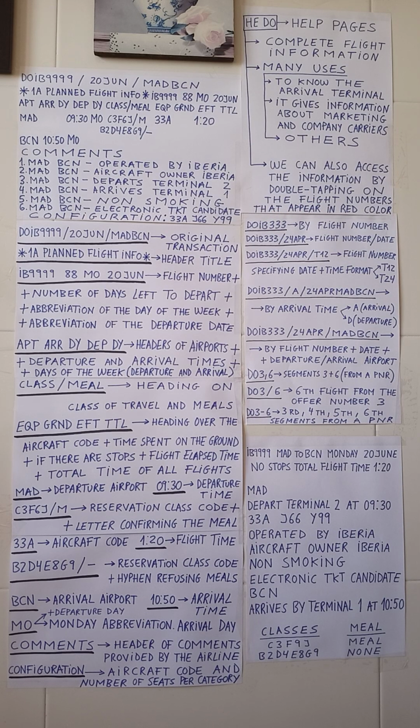It's used to carry out the search using the flight number as a reference, which in this case is IB333. DOIB333/24APR is used to carry out the search taking as a reference the flight number and the date of travel, which in this case is April 24, that is in the calendar from the day we are.